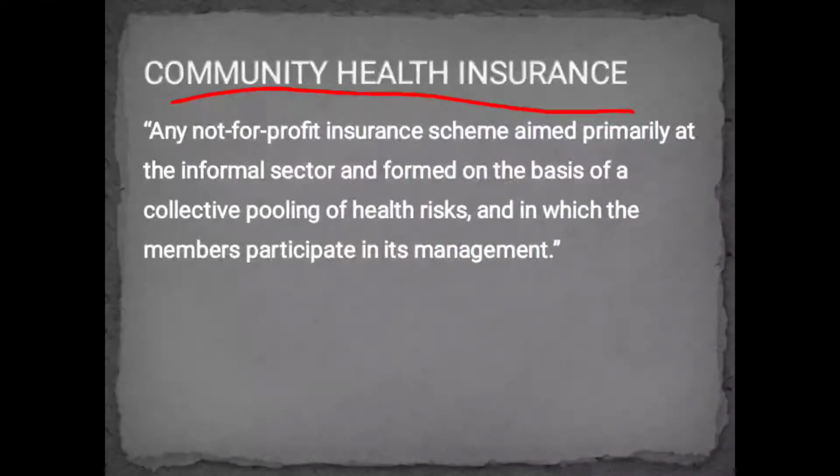Any not for profit insurance scheme aimed primarily at the informal sector and formed on the basis of a collective pooling of health risks, in which the members participate in its management. It may be for one community or one geographical area that such a scheme is made. For one community, that's why it is called community health insurance.